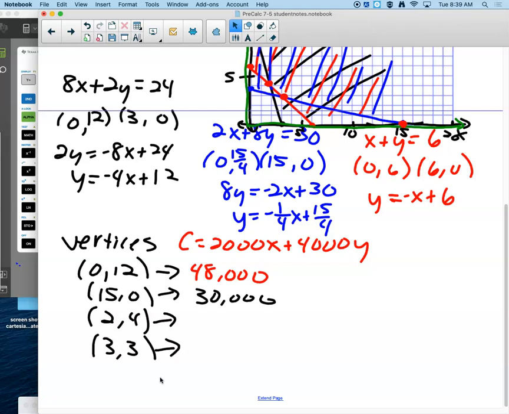So 2 times 2,000 would be 4,000. And then we'd have 16,000. So 4,000 and 16,000 would be 20,000. And then 3 and 3, 6,000 and 12,000 for 18,000 as a total.